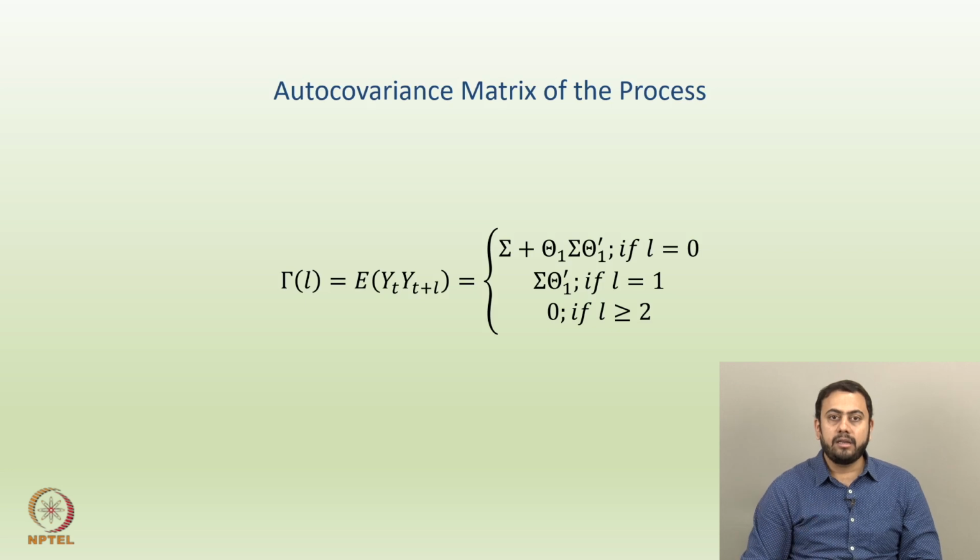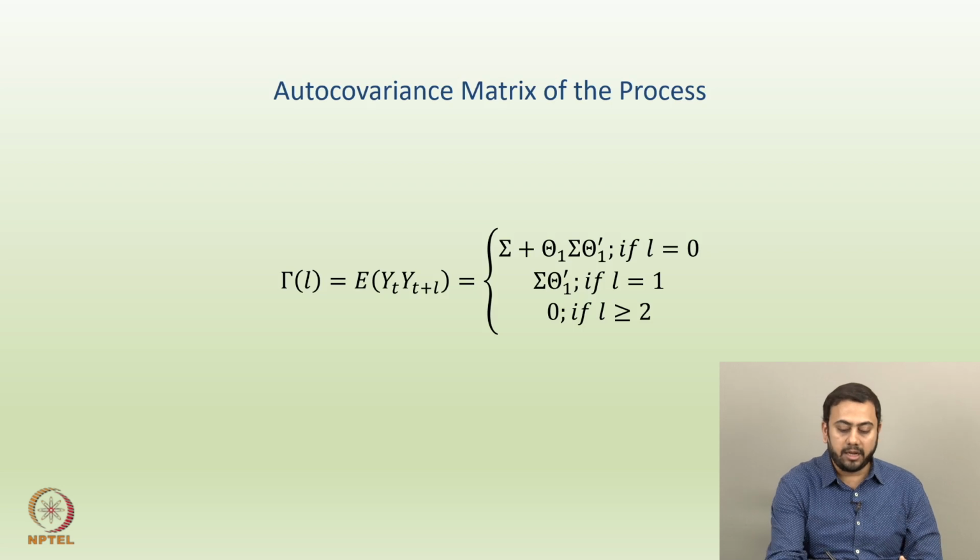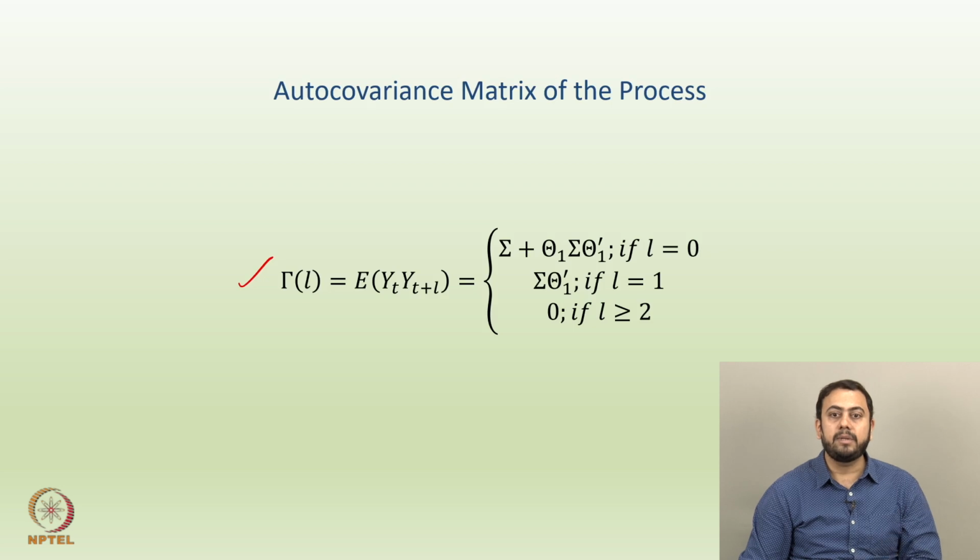The last thing we will deal with in today's session is the autocovariance matrix of the process. I can write the autocovariance structure by this expression: gamma(L) equals the expectation of y_(t+L), and then taking some cases. What happens if L is 0, if L is 1, or if L is 2 or more?